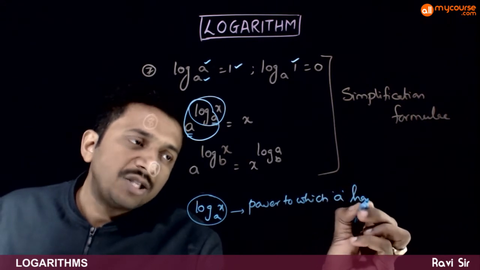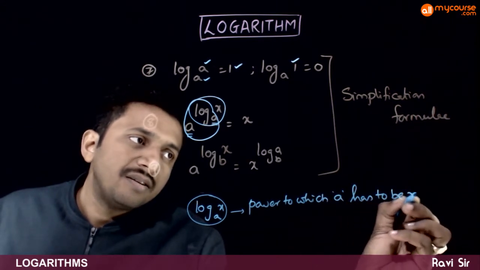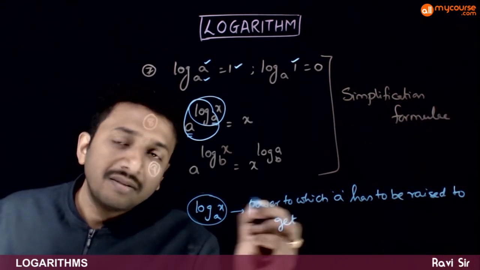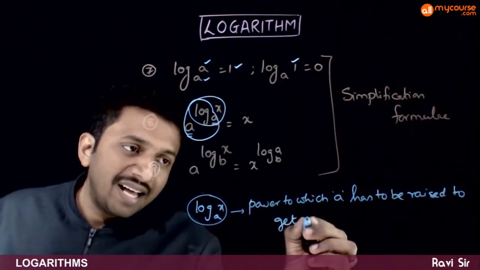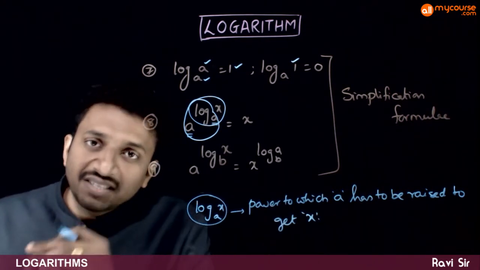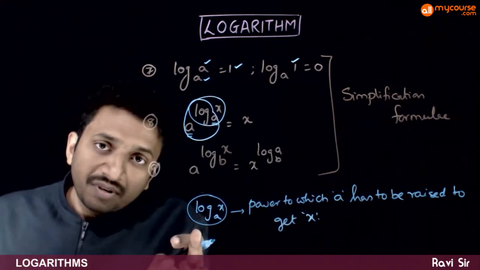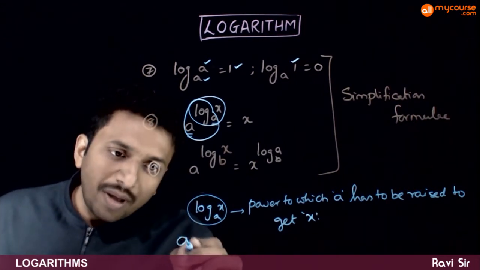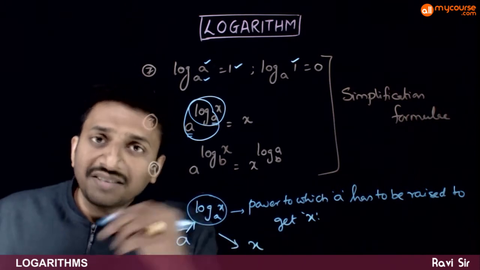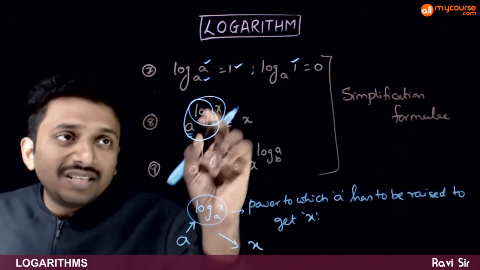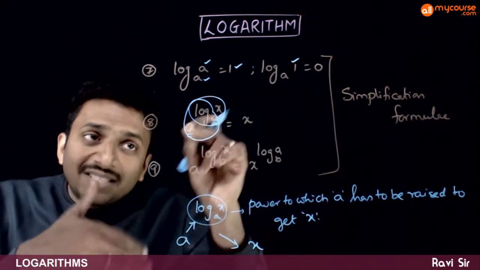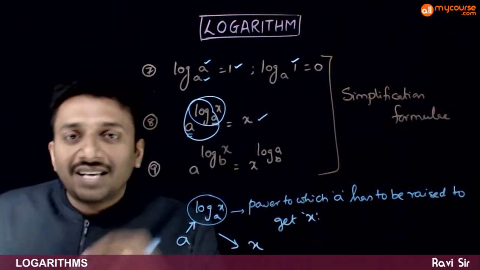This is the power to which A has to be raised to get x as the answer. Now, if I raise A to exactly this power, what do you get? You have to get x, right? So this is the power to which A has to be raised to get x, and I'm actually raising A to that power, so you're getting x as the answer.